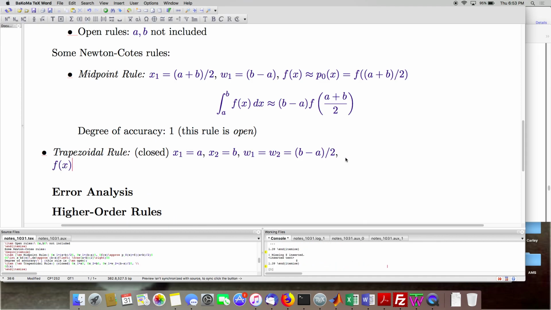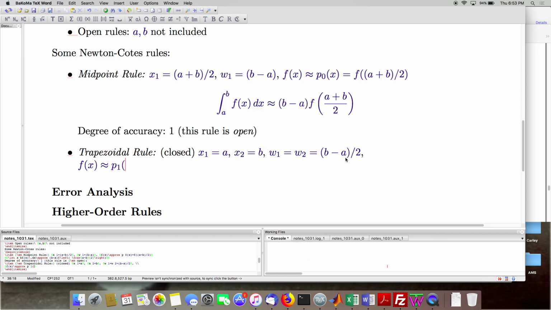So the function is now being approximated by a polynomial of degree 1 rather than degree 0. And what is that function?